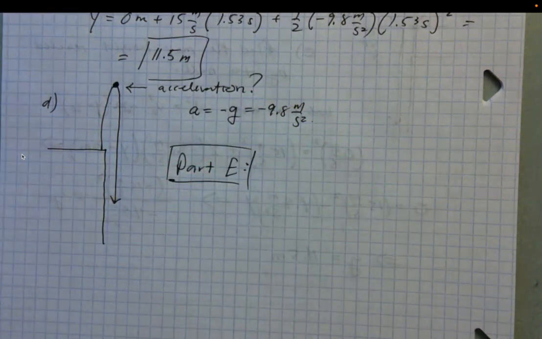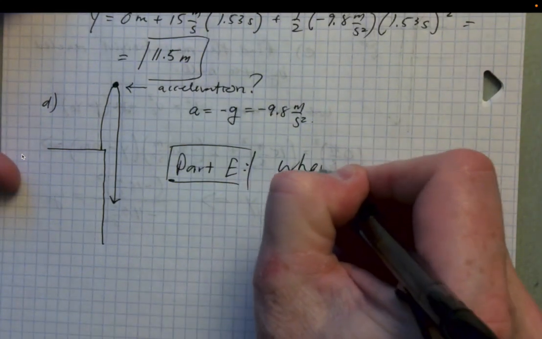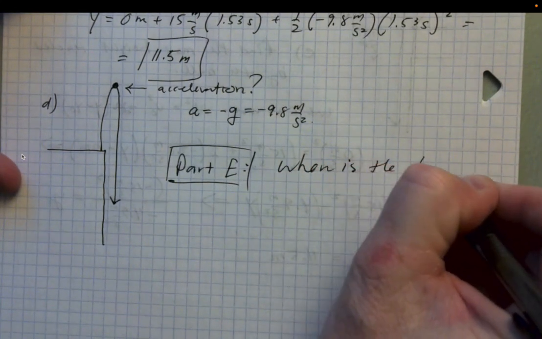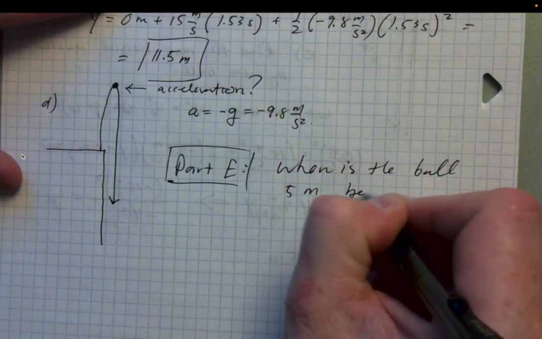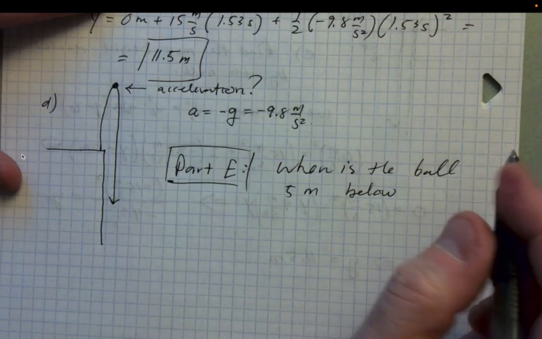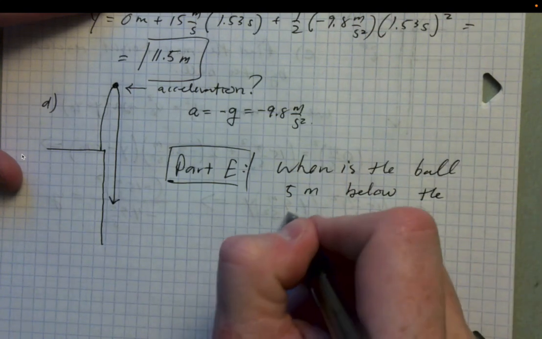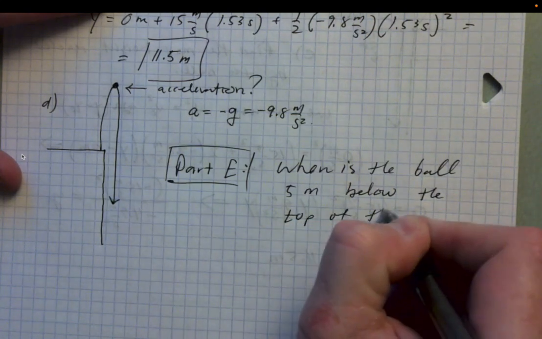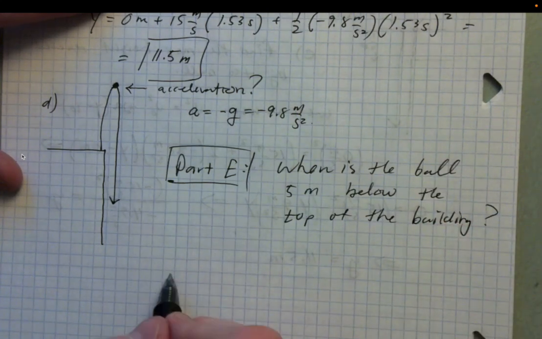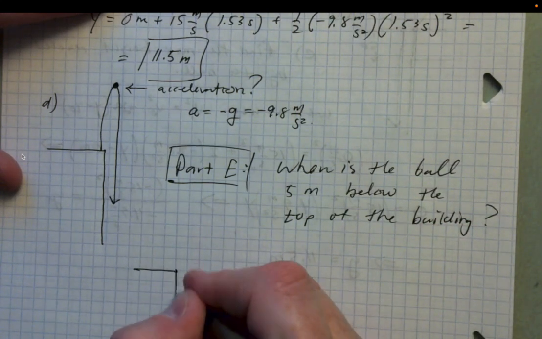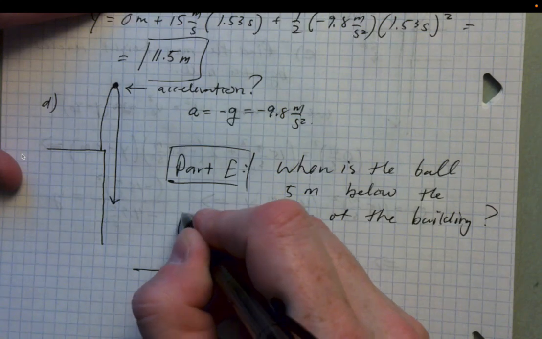So for part E, just the same physical scenario. The question we're interested in is, when is the ball 5 meters below the top of the building? Right, so I've got my ball here. I've thrown it up. It hits the high point.